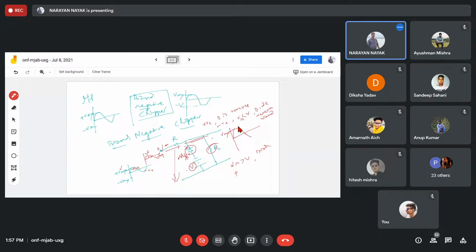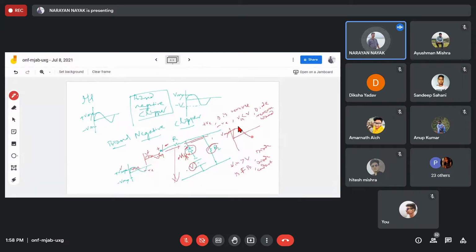Once the diode is forward biased, it conducts heavily. At that time, the diode conducts, meaning it is acting like an on switch. So whatever amount of voltage is here will appear across the load. So what is the voltage here? Minus plus, so it is minus V, since that is the negative cycle.